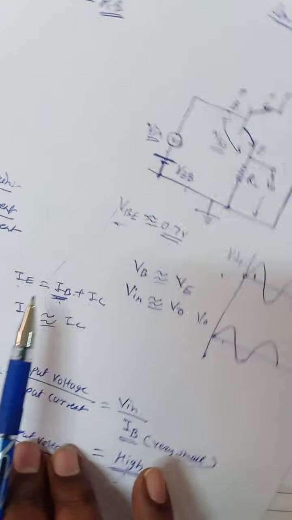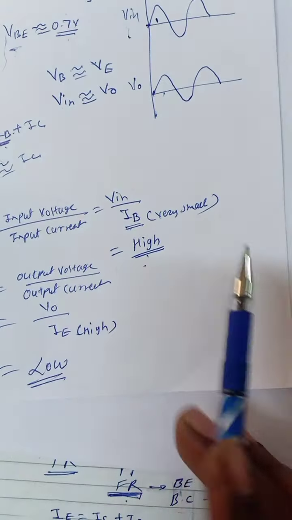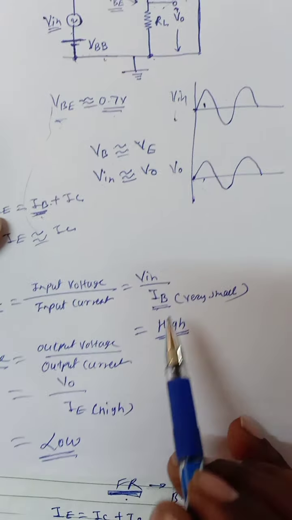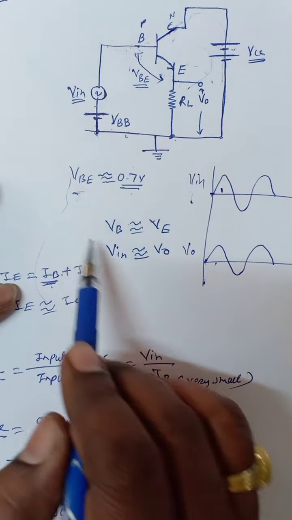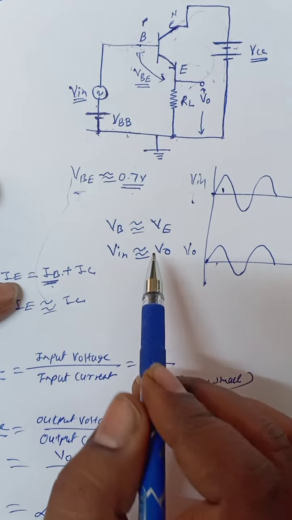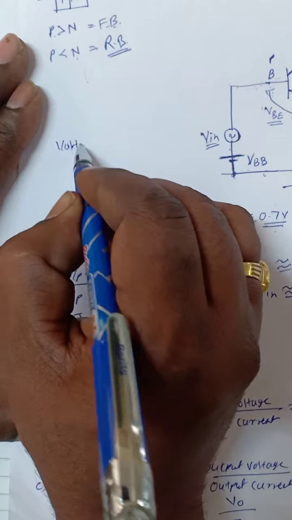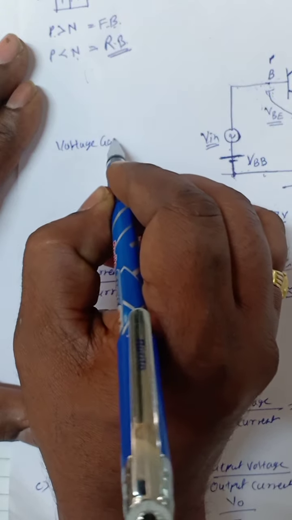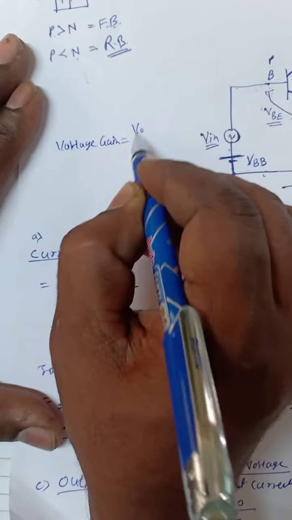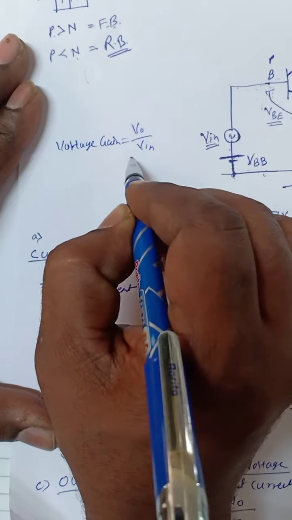Here we only get current amplification, we don't get voltage amplification. Input and output voltages are nearly the same. Gain is a ratio, so voltage gain is output voltage divided by input voltage.